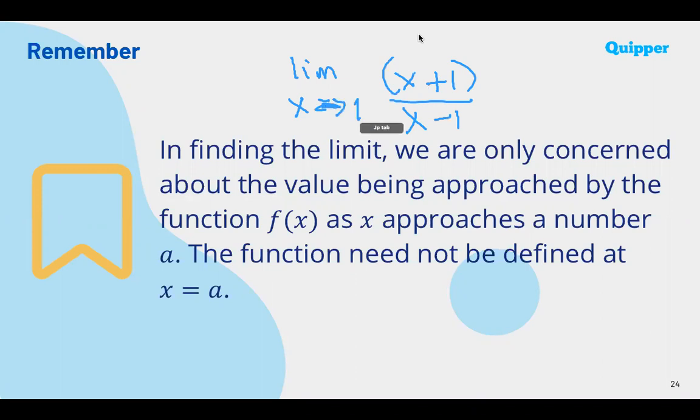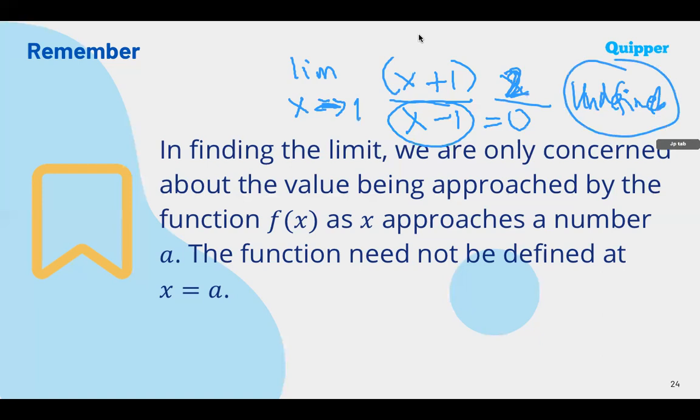So, if you will use the shortcut way, makikita mo sa ilalim, 1 minus 1 is equal to 0. Isipin mo, sir, 0 naman sa ilalim. So, ibig sabihin wala siyang sagot. Or this one is undefined, right? It's because 2 over 0 is undefined.